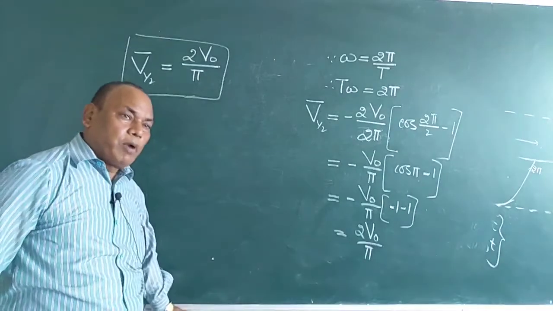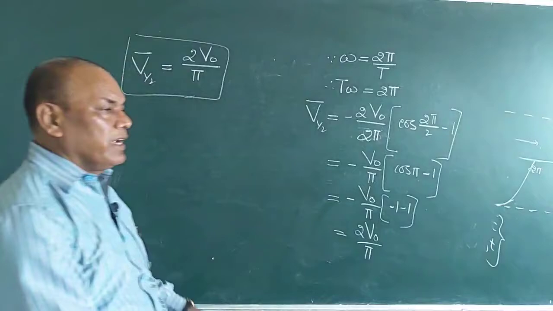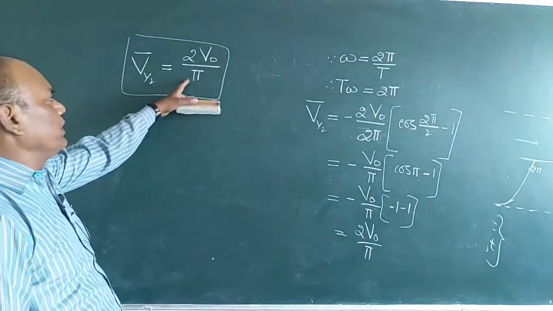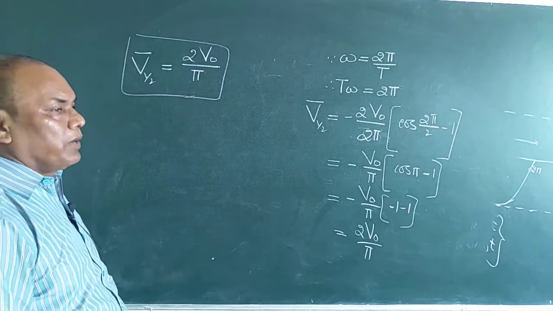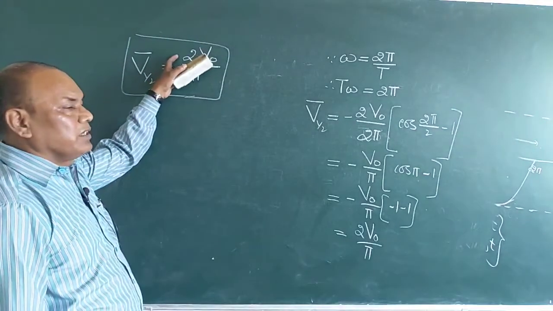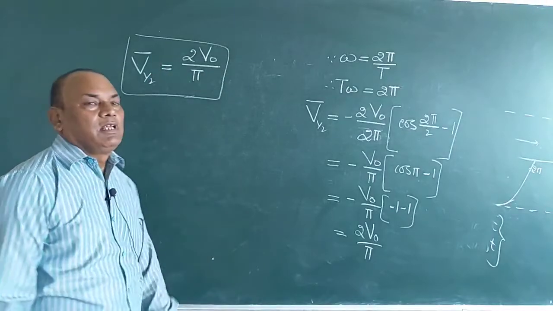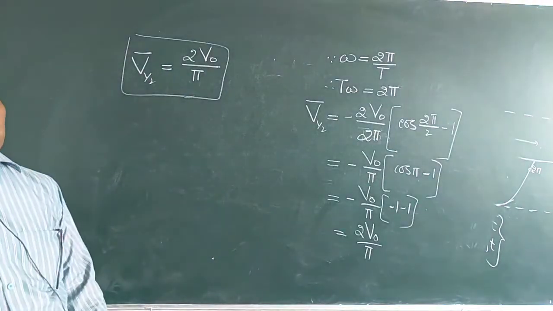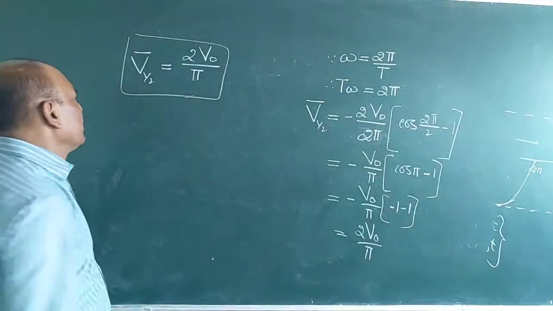This is in the positive direction for half rotation, and for the negative direction it will have the same magnitude 2V0/π, but with a negative sign. Therefore, if you want the average value in one complete rotation, it becomes 0.